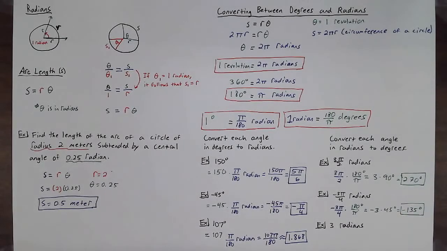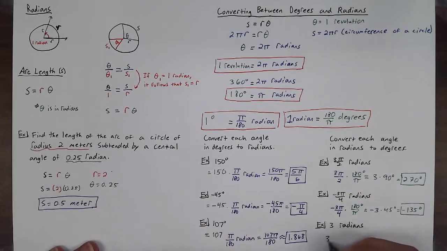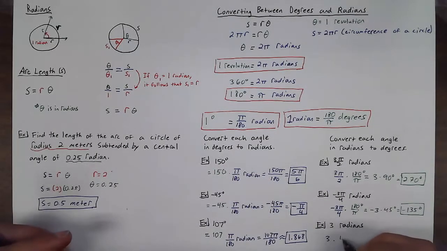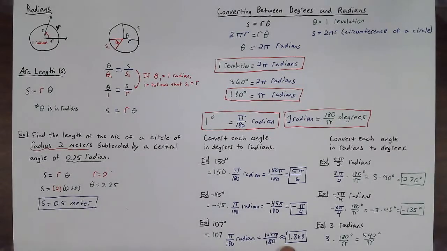Now, let's say we don't have a pi in our radian angle measure. Still the same method. We take that 3, and we're going to multiply it by 180 over pi degrees, which leaves me with 540 over pi degrees. And again, very similar to the previous example, this might be better left as a decimal than as a strange fraction.